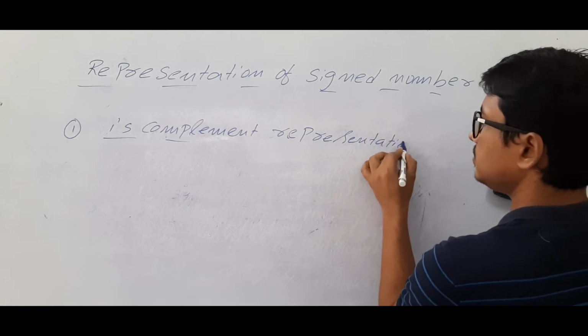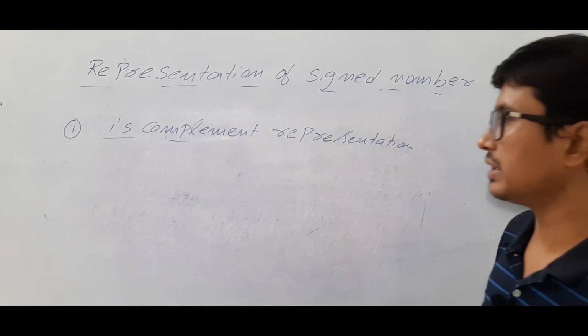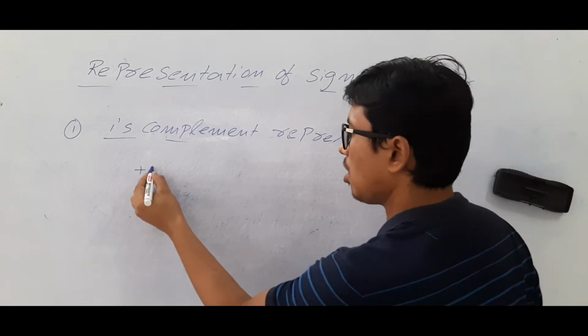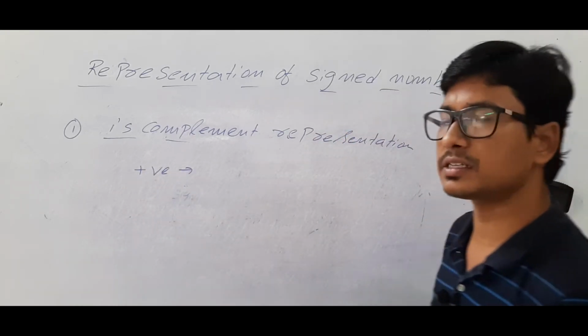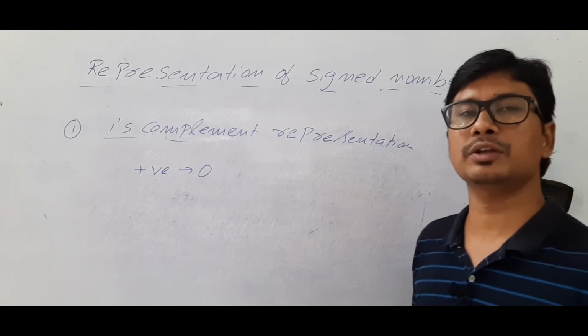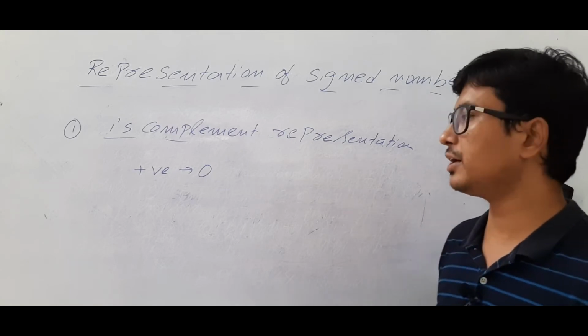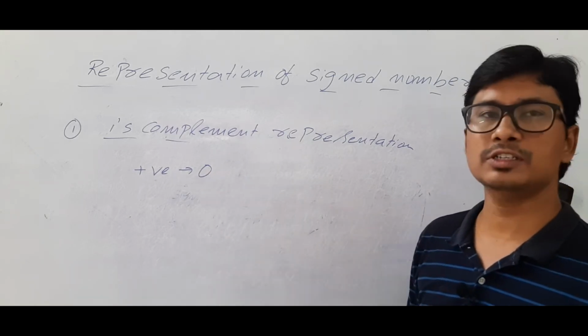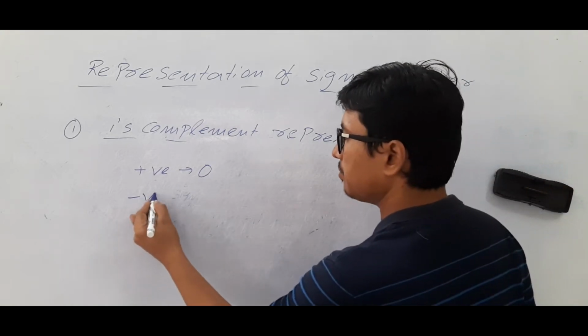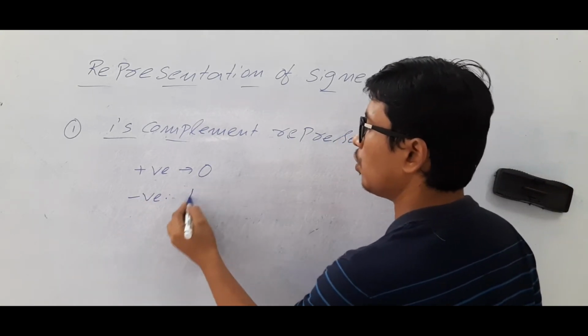Now please remember one thing. If it is a positive number, always you will represent the sign bit as 0. Whether it is sign magnitude representation, ones complement or two's complement, always the positive number will have the sign bit as 0. For a negative number, the sign bit will be 1.